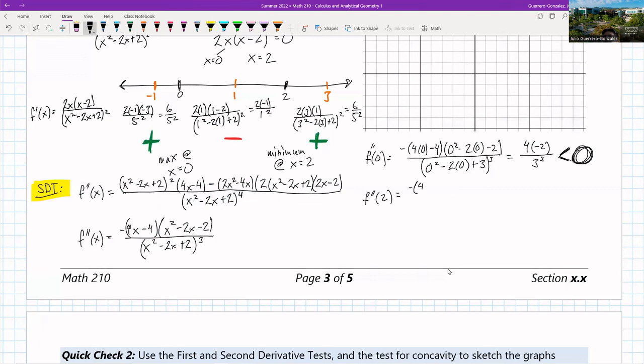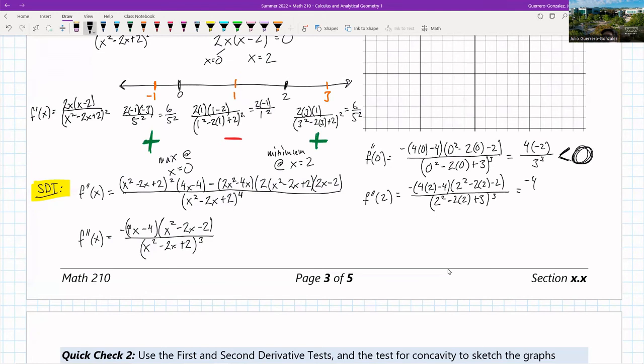Negative 4, 2 minus 4, 2 squared minus 2 times 2 minus 2. Oh, so many 2s. 2 squared minus 2 times 2 plus 3 cubed. There we go. 8 minus 4 is 4, so this is going to be a negative 4.